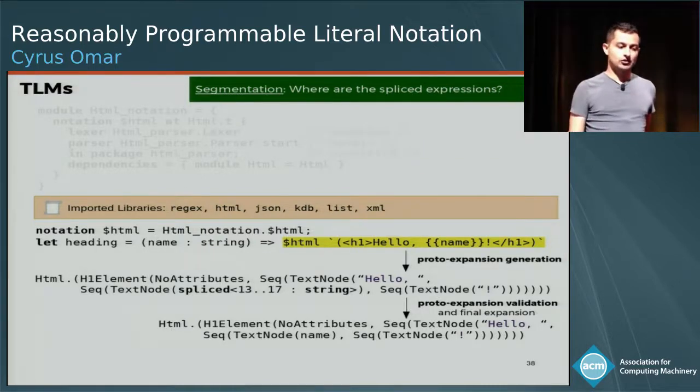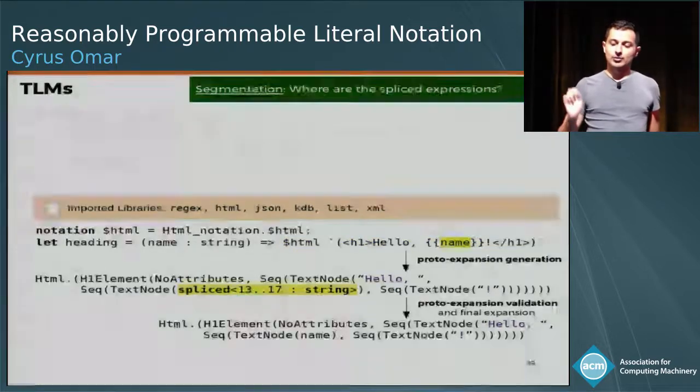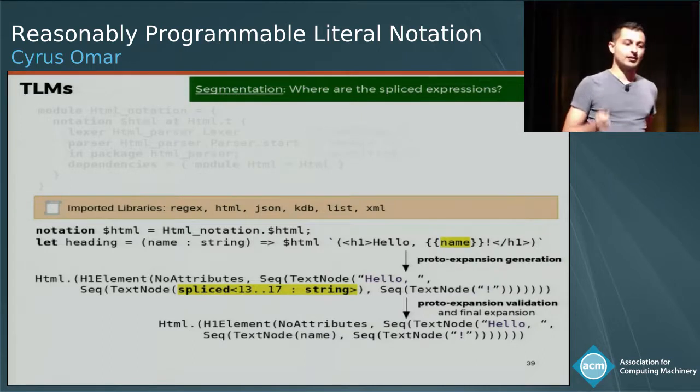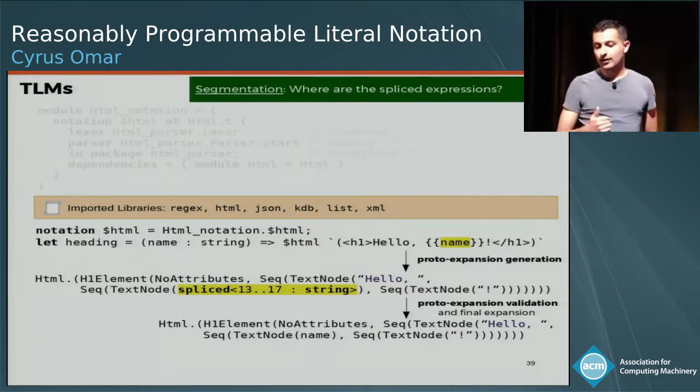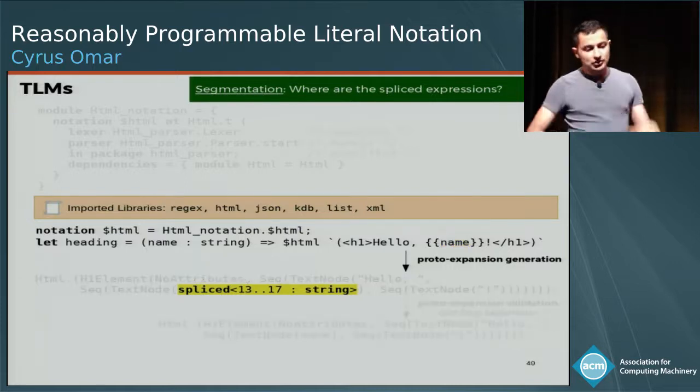And a proto-expansion differs from expansions in that the splices are represented with splice references by their position in the literal body. So characters 13 through 17 are the splice expression name. And if you can communicate to the programmer just this set of splice references, holding everything else abstract about the proto-expansion and the final expansion, then they'll know where the spliced expressions are.